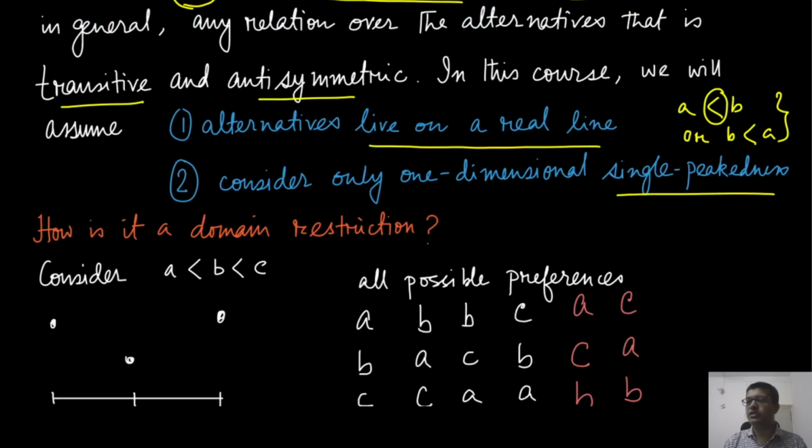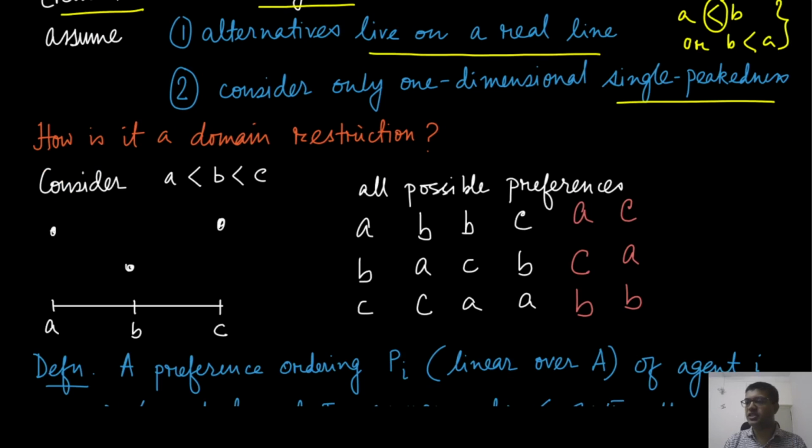Now let us come back to this question of why this is a domain restriction. So what cannot be admitted in a single peak preference? Let us consider the common ordering over these three alternatives. Let us consider there are only three alternatives, A, B and C, and they are commonly ordered on this real line in this way.